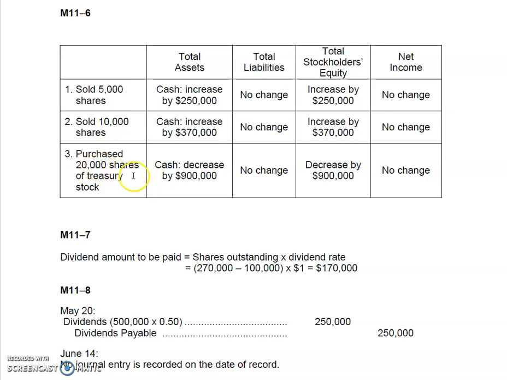So 20,000 shares times $45 per share means we paid out $900,000 cash, which decreased total assets, and that increased treasury stock, which is a contra stockholders' equity account. So that decreased total stockholders' equity by the $900,000.